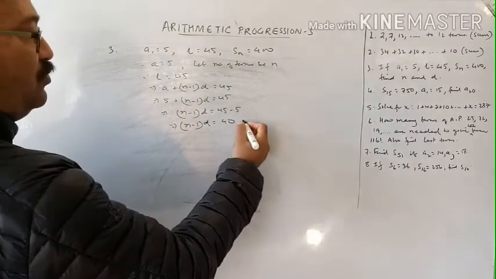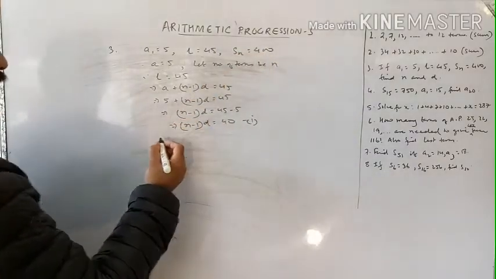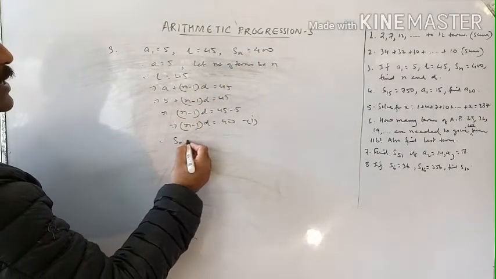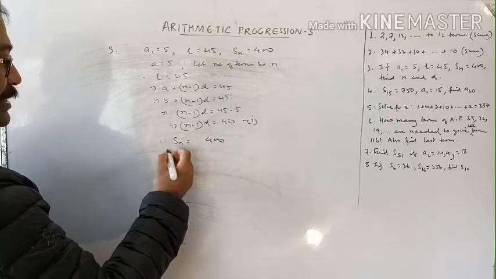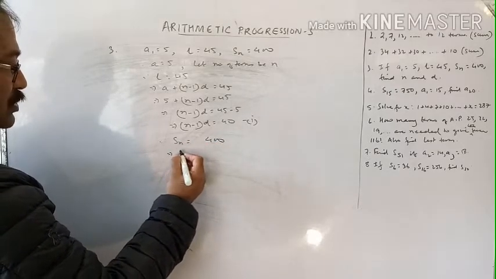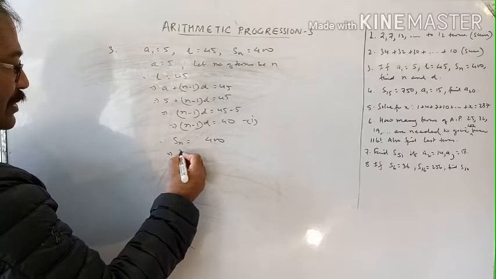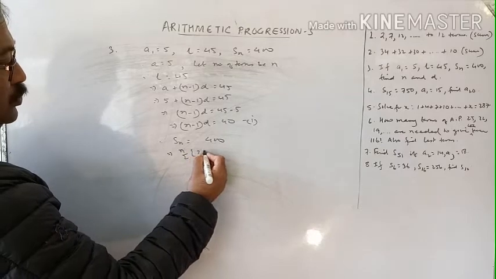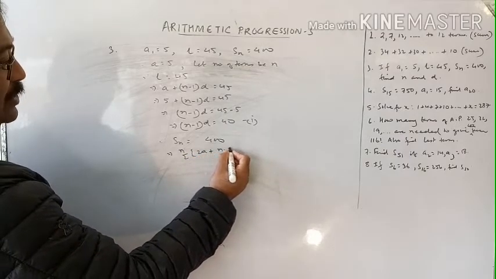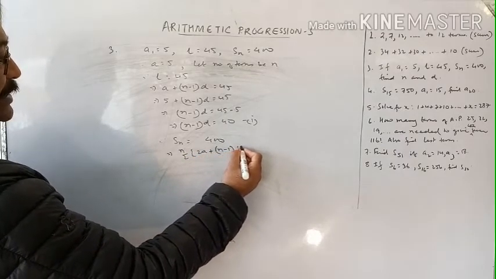This is equation number 1. Now we are also given the sum of n terms is equal to 400. This implies the sum of n terms, the formula is n by 2 into 2a plus n minus 1 into d.